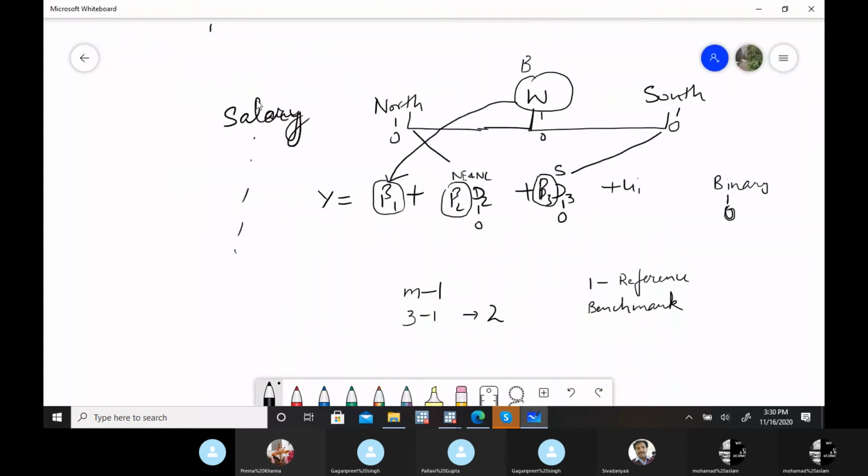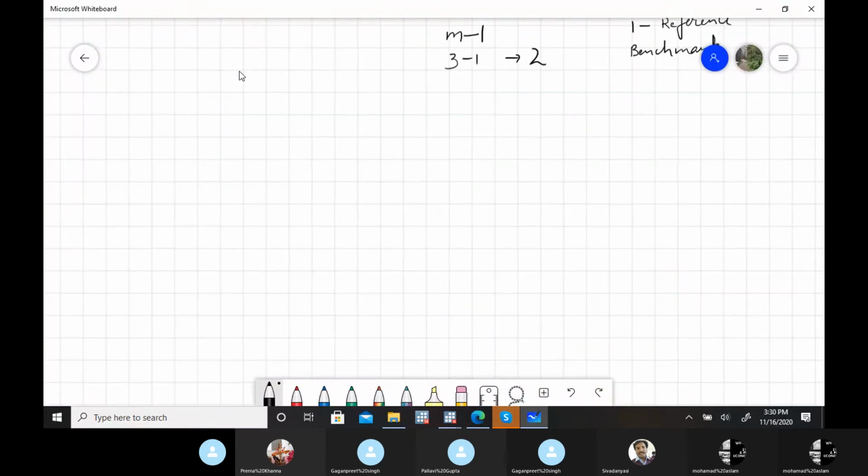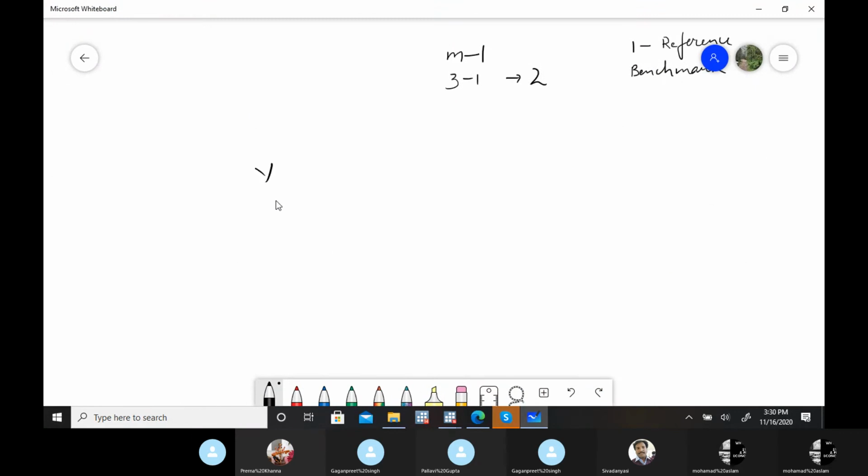Let's suppose you have this data for 50 states: first, second, third, fourth, 5 till 50. Then we have these coefficients beta 1, beta 2, beta 3. This is the residual, and if it's estimated, then beta hat.